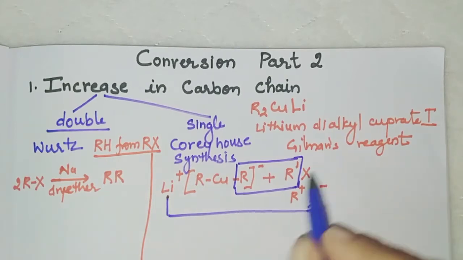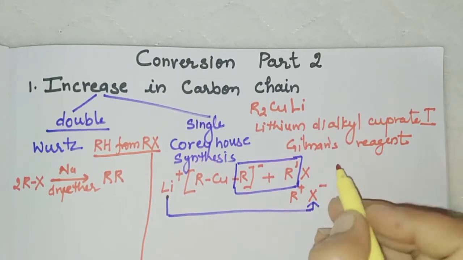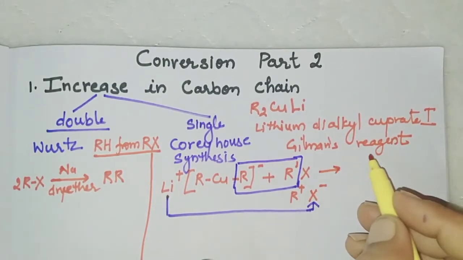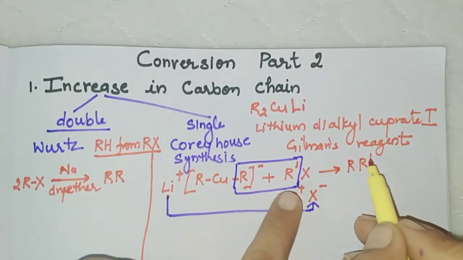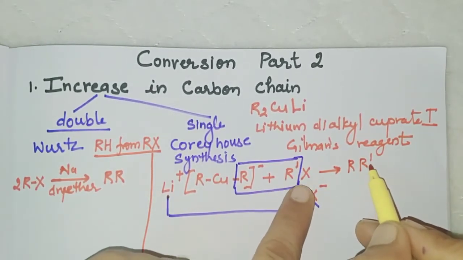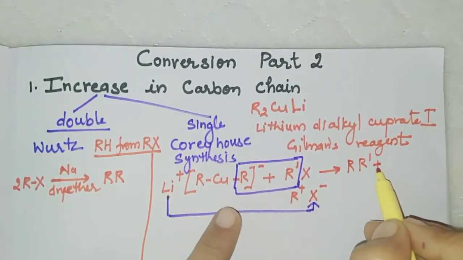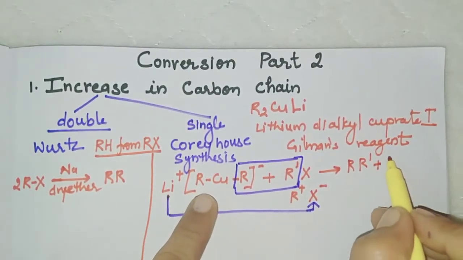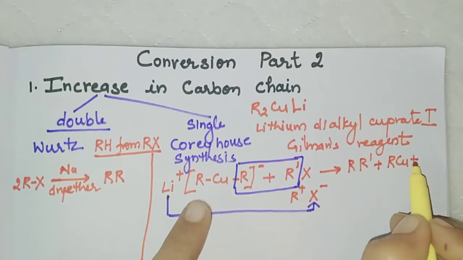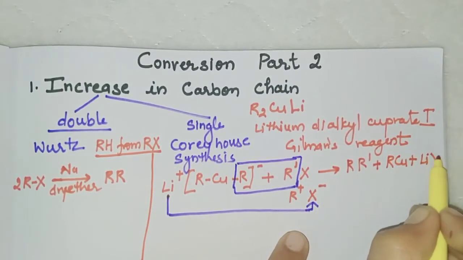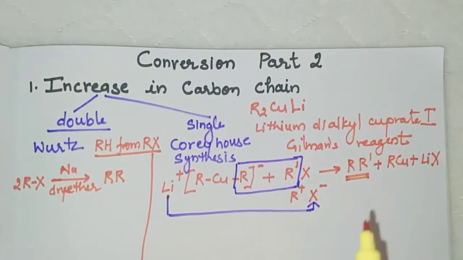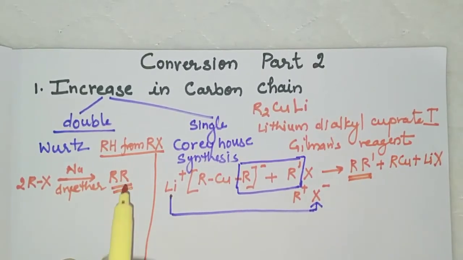What is the product here? The product here is R-R', this R, and another R' from the alkyl halide, plus what we are getting is RCu, plus LiX. So this is the way we are getting our alkane.